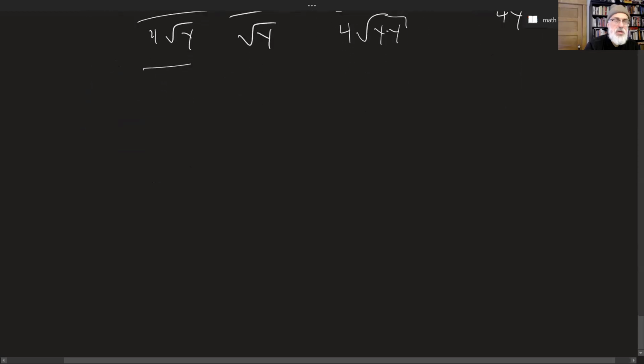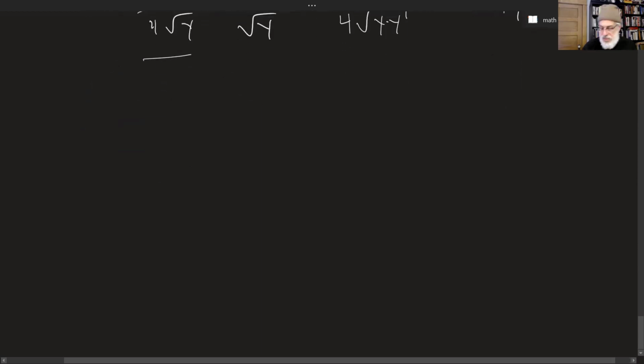So what do we do if we don't have a single term on the bottom? What if we have something more complex that's not just a single term? Let's say we have something that looks like this: 1 plus the square root of 5 in our denominator, 4 in our numerator. How do we rationalize?